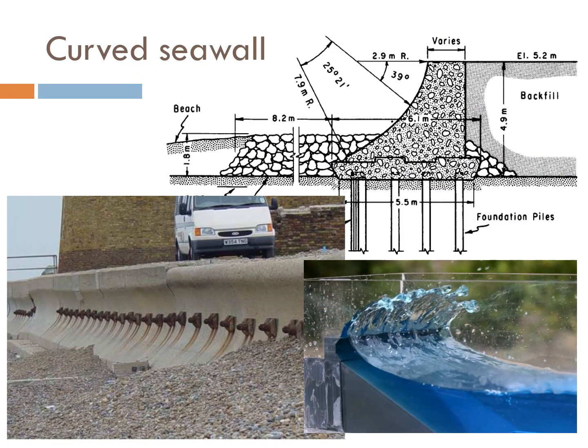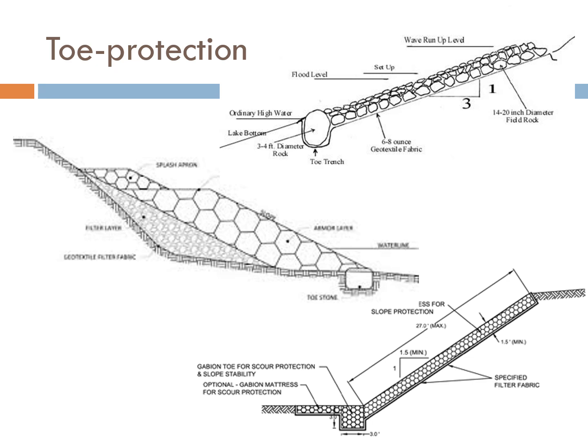This is an example of a typical cross-section of a curved seawall with pile foundation. This figure over here shows experiment to look at how incoming wave can be deflected by a curved seawall. These figures here show example of common toe protection design for revetment.